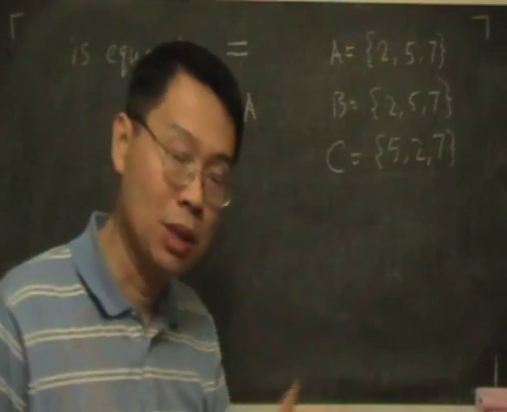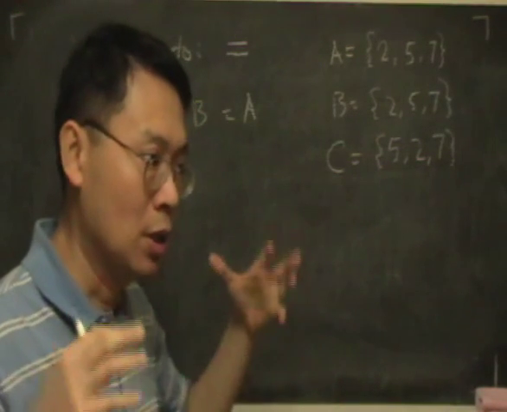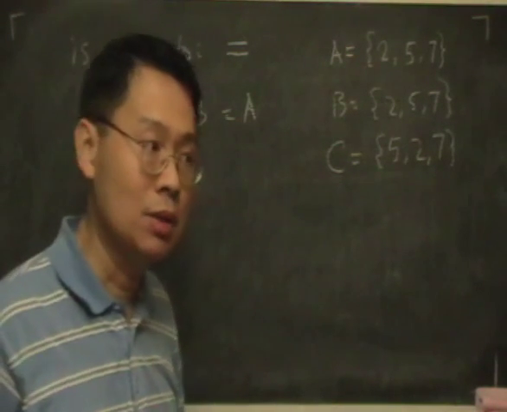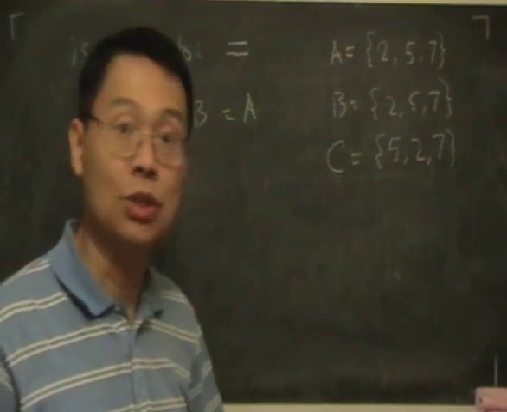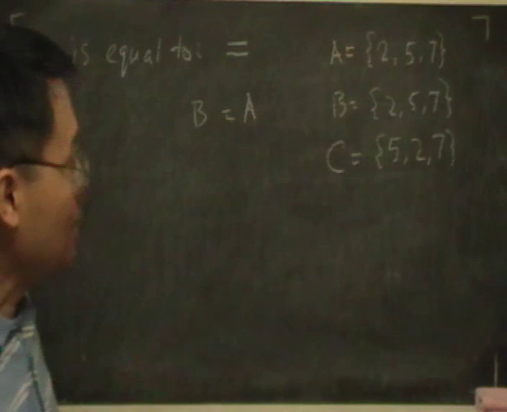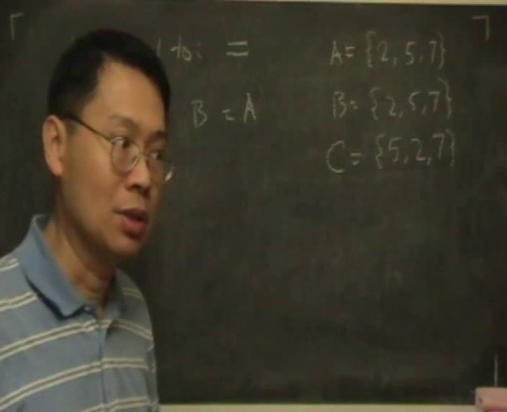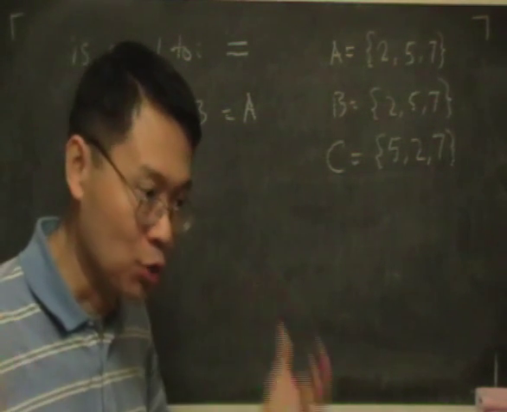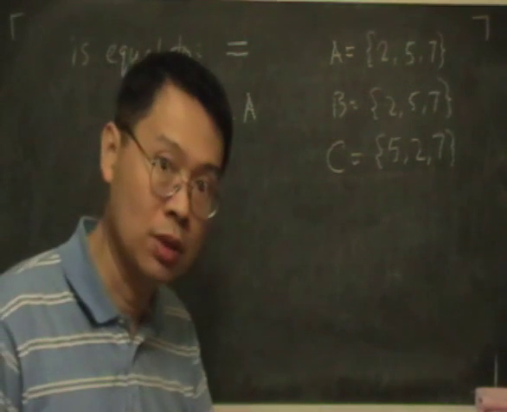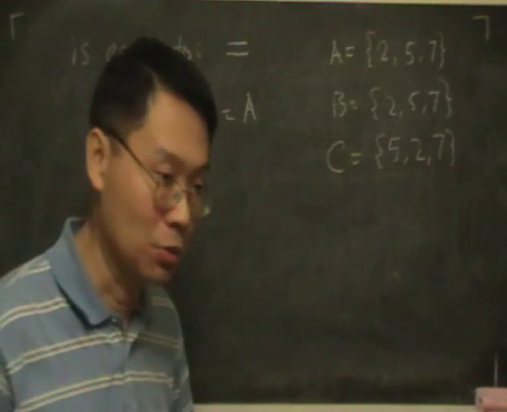Well, in the mathematics of sets, we say that they are still the same, because a set is only defined or specified or determined by what elements it has. It's not described by the ordering of the elements.